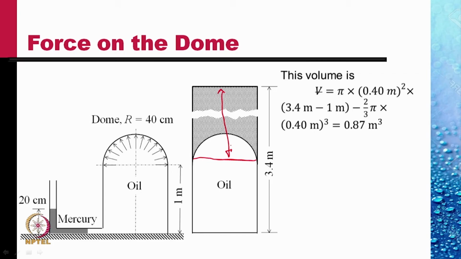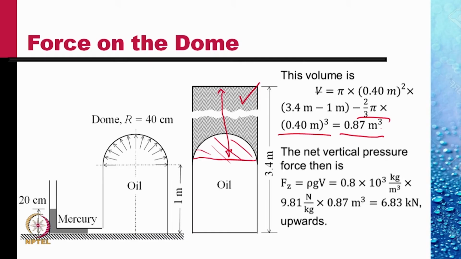From this, I have subtracted the volume of the hemisphere where there is no oil, and so the total volume of this gray portion is 0.87 meter cube. And so the vertical force is the weight of this oil, which is the density of the oil times G times this volume, 6.83 kilonewtons upwards.